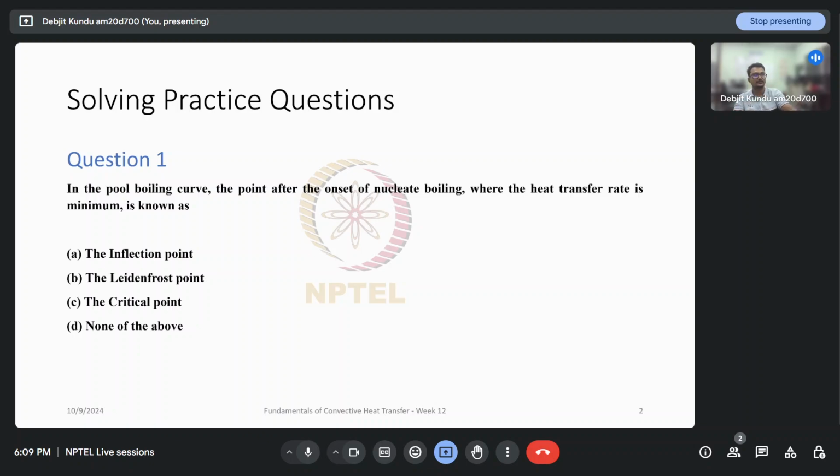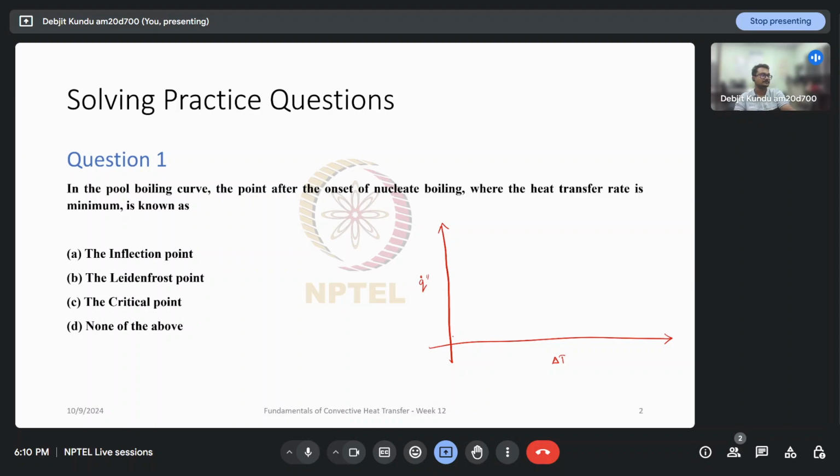So if we quickly try to recall what the pool boiling curve looked like. We had excess temperature, delta T, on the x-axis, and the heat transfer rate, Q dot double prime, on the y-axis, and we looked at how the heat transfer rate varied as a function of this excess temperature.